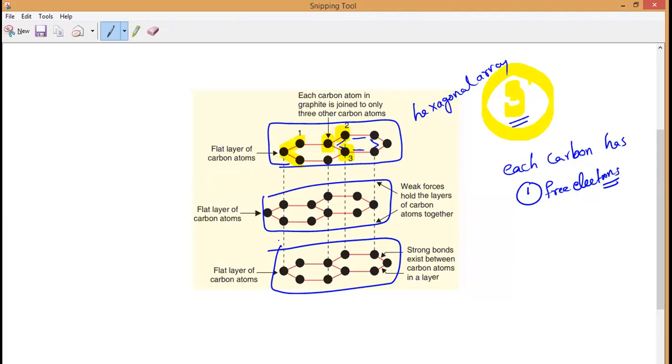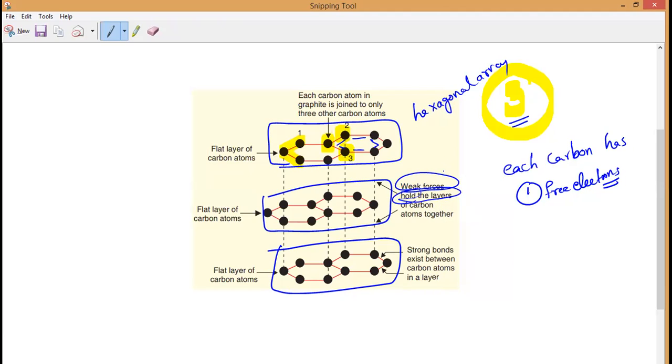Each carbon is combined with 3, and in graphite, the bonds between the different layers are weak forces that hold the layers of carbon atoms. That is the reason. Is it possible to sharpen the graphite easily or not, everybody?